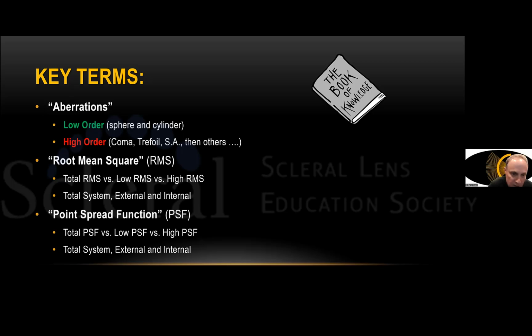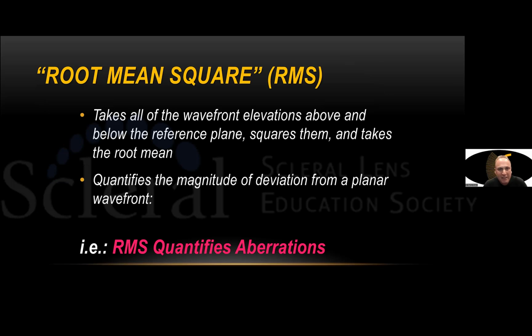And you'll see new technologies are enabling us to break that down even further. We'll also talk about the point spread function. And again, you could break those down into those subcategories, and we'll show you that in a bit. So what is root mean square, RMS?